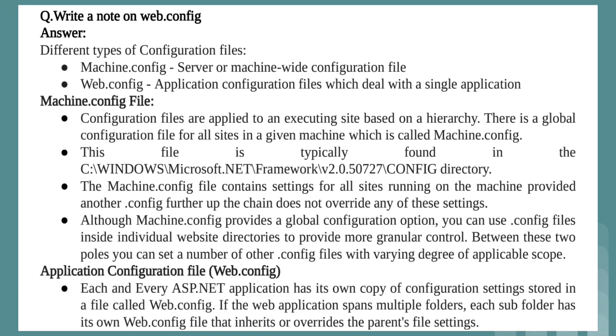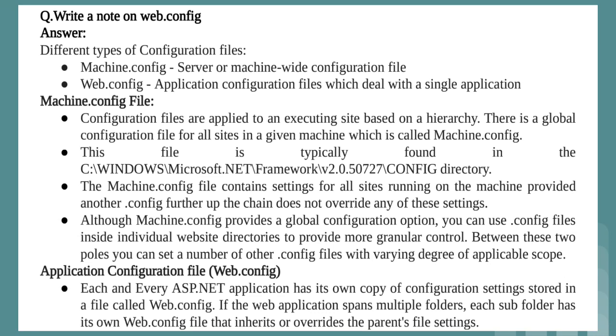The machine.config file contains settings for all websites running on the machine, provided another .config file further up the chain does not override any of these settings. Although machine.config provides a global configuration option, you can use a .config file inside individual website directories to provide more granular control.